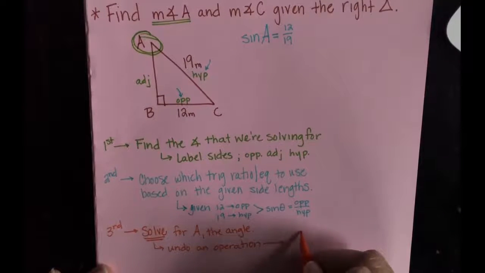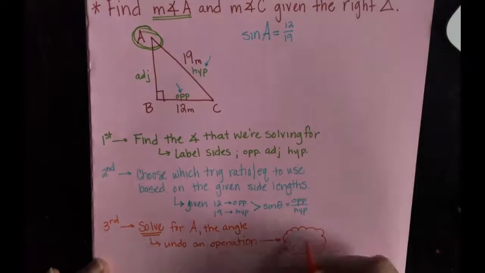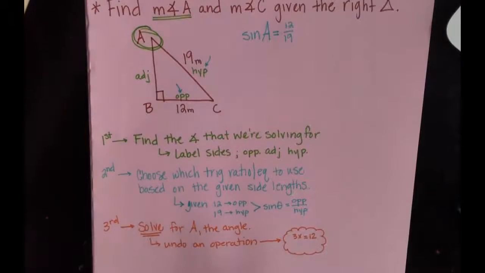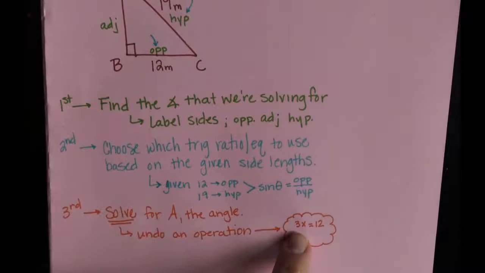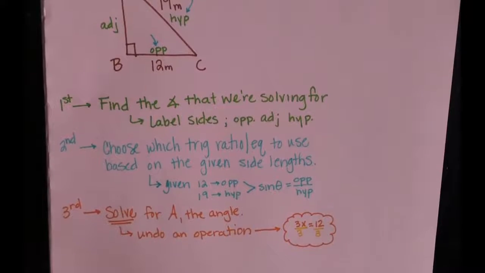So I want you to think, here's my brain bubble, if I had 3x equals 12, we would want to undo this operation. 3 times x would equal 12. If I wanted to undo that operation, I know that I need to pick the opposite operation, and I would divide.